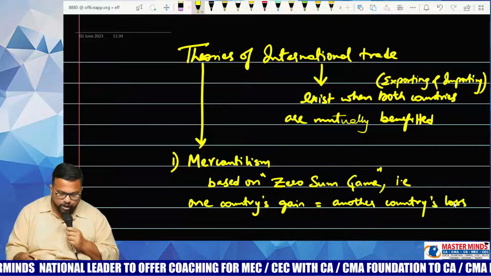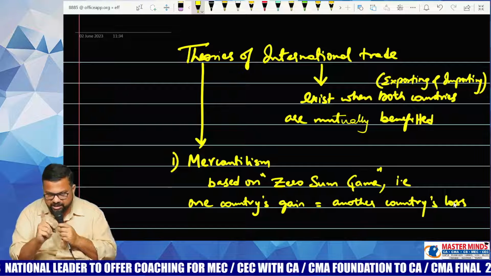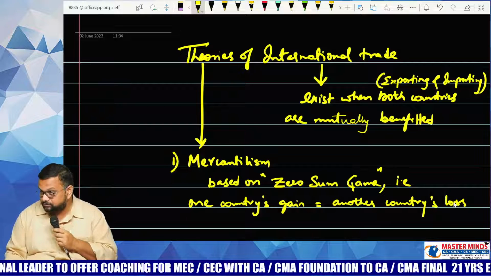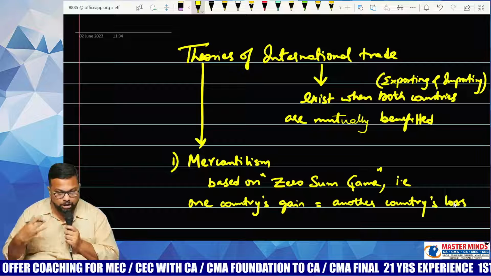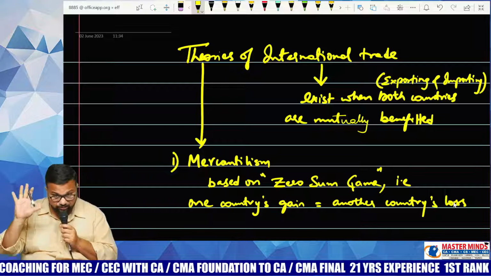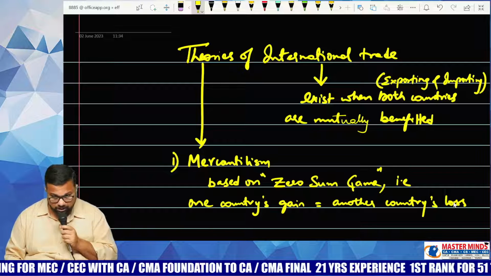So from this, what we can conclude, in mercantilism, only one country is getting benefited. But what economists are saying, international trade is only possible when both the countries are getting benefit, both exporting country as well as importing country.